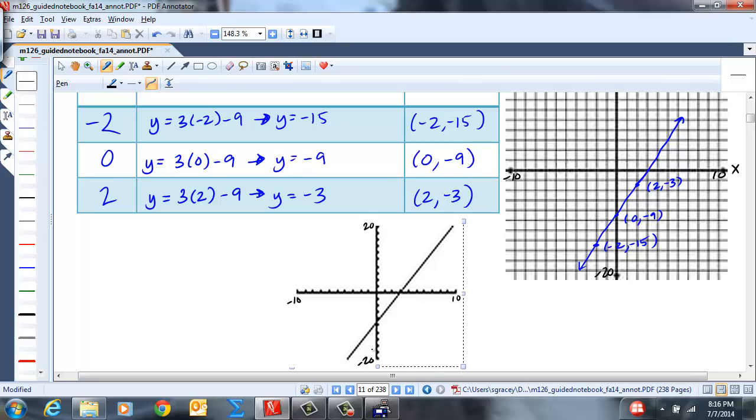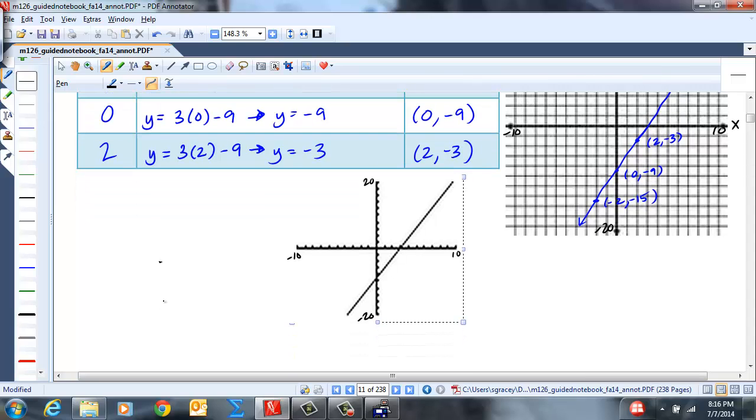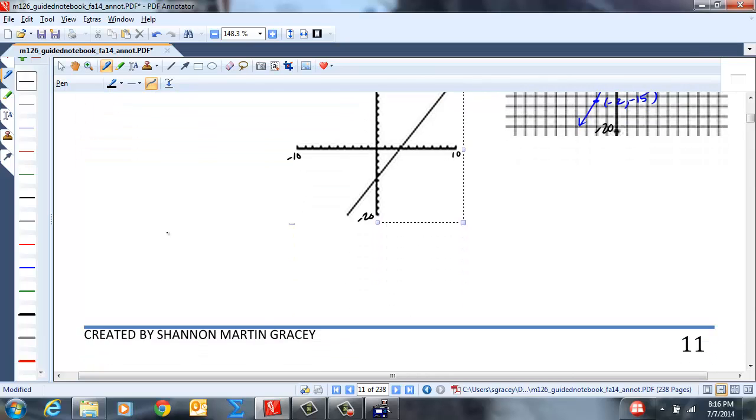So there you have it. We used our graphing calculator for our graph. Moving right along, almost there, huh? We just have another graph down here.